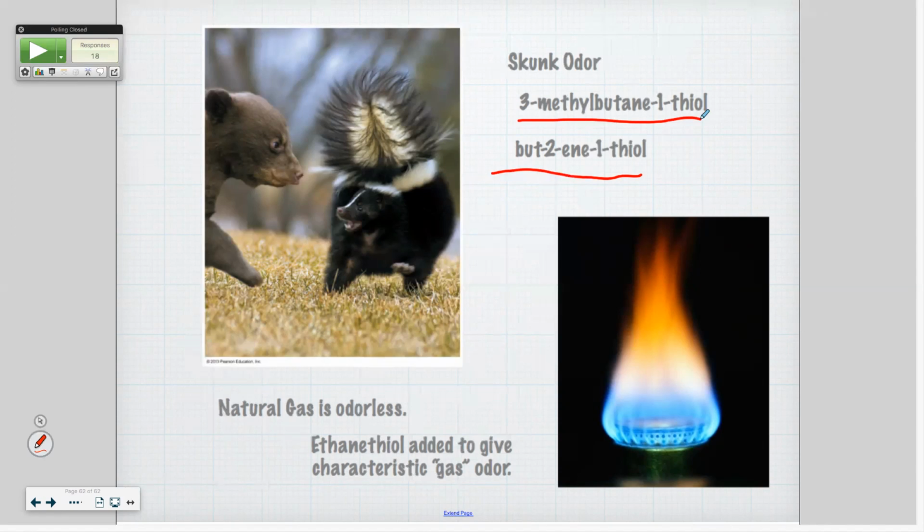Lakeland. Who's in the back? Augusta. Brandon. Taylor. Andrea.